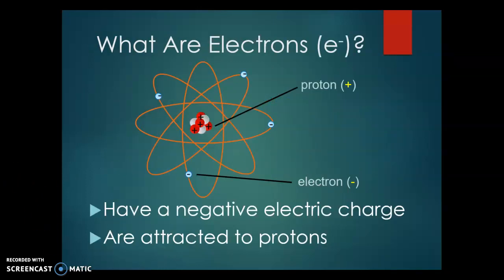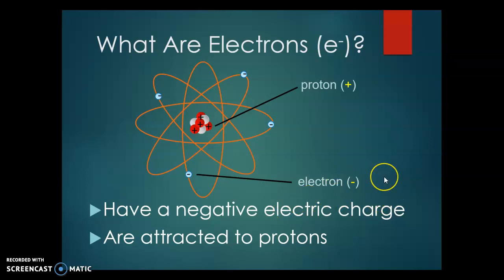Well, let's first start with what are our electrons? You notice I put electrons have a symbol, which is this E with an exponent of a negative sign next to it, because electrons have a negative charge, and that's what we want to write down here. You can draw this diagram yourself into your notebook, and you can see that protons, like I said before, have a positive charge, while an electron, again, has a negative charge.